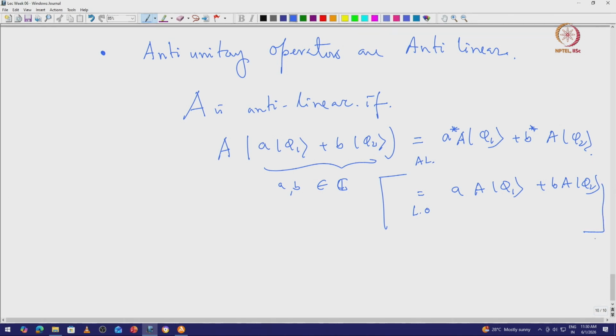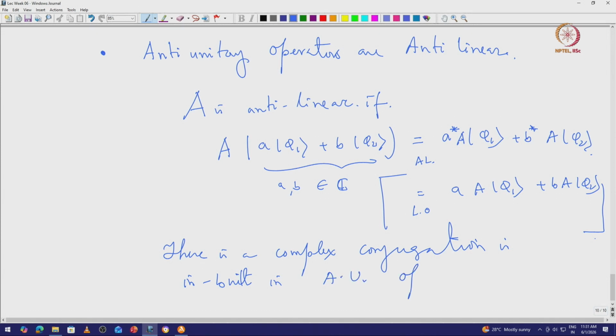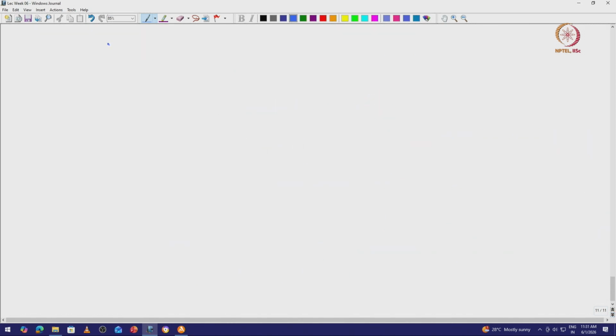So, which means there is a complex conjugation operation that is inbuilt in the anti-unitary operator, which means we can always split an anti-unitary operator as a unitary operator and complex conjugation.